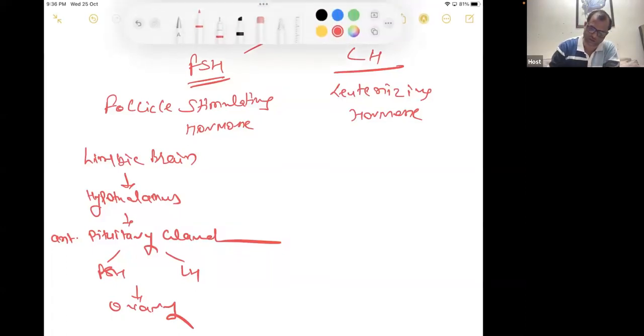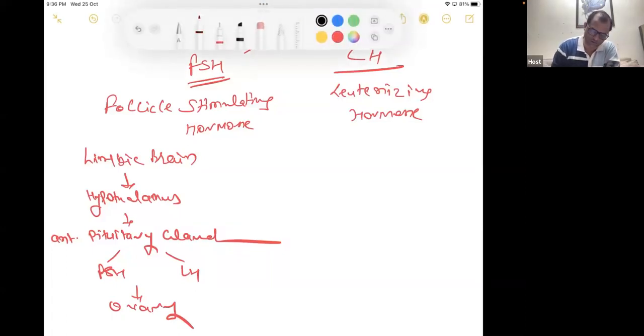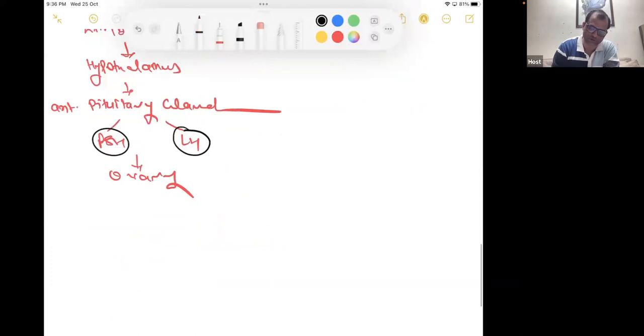Now FSH, the target organ of the FSH is ovary and the target organ of LH is the ovary. But the FSH will be secreted first, targeting the ovary. सबसे पहले FSH का सीक्रेशन होगा जो ओवरी को टारगेट करेगा. क्योंकि ओवरी को टारगेट क्यों करेगा FSH?